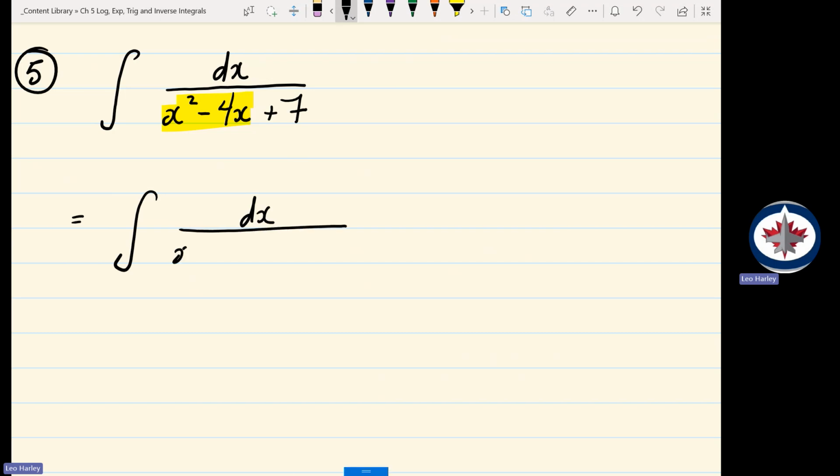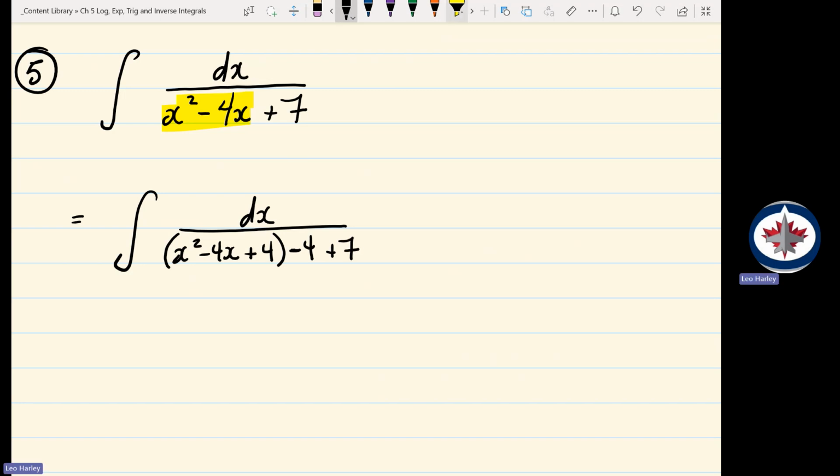Could we not rewrite this as x squared minus 4x, and then add in 4, wrap the brackets around it, and then subtract 4? Because isn't that what you're supposed to do when you complete the square? You add 4, but then you subtract 4. But then don't forget about the 7 that's hanging around outside.